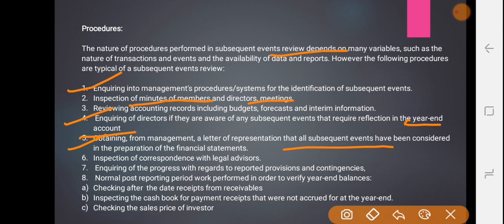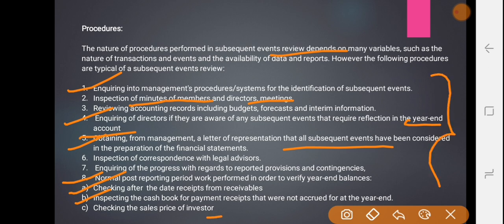Then inspection of correspondence with the legal advisor, inquiry of progress with regard to reported provisions and contingencies, and normal post reporting period work performed in order to verify year end balances. Then checking after-the-date receipts from receivables, inspecting the cash book for payment receipts that were not accounted for at the year end, then checking the sale price of investments.